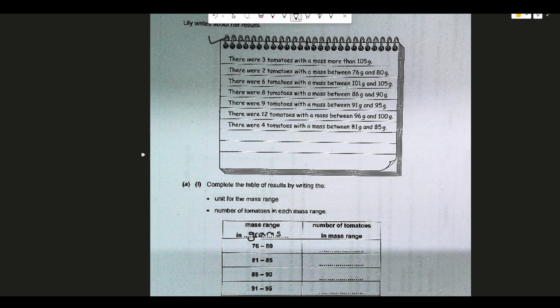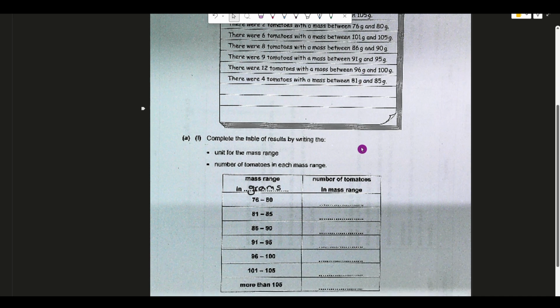So I am writing the unit as grams. Now you just have to look at this and answer the question. Whatever result is given, you have to copy it into the table. It's very simple, right?